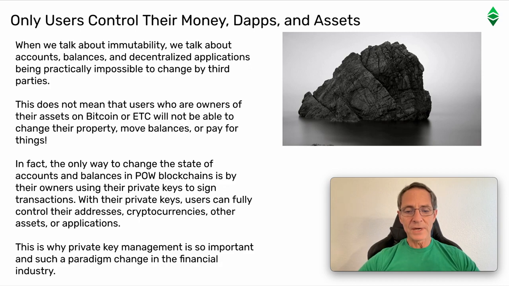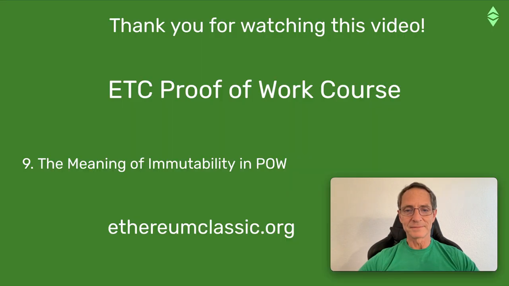In fact, the only way to change the state of accounts and balances in Proof of Work blockchains is by their owners using their private keys to sign transactions. With the private keys, users can fully control their addresses, cryptocurrencies, other assets, and applications. This is why private key management is so important and such a paradigm change in the financial industry.